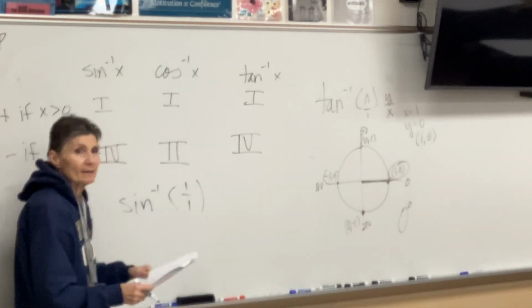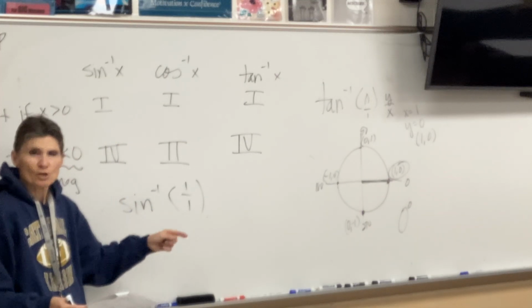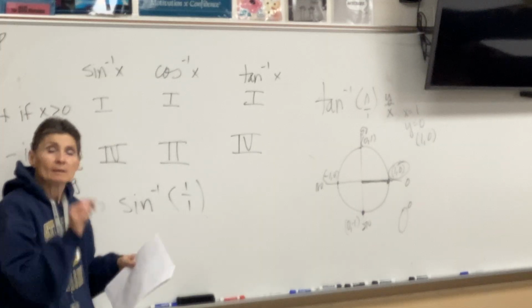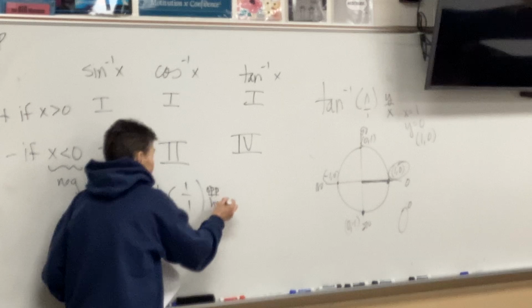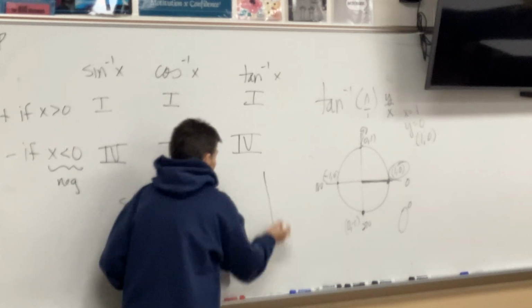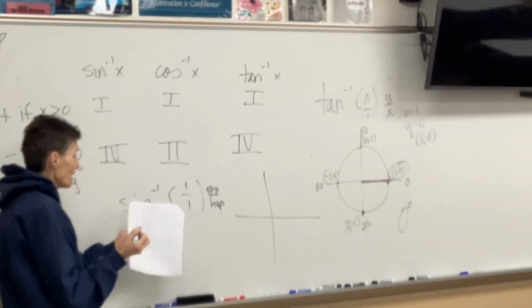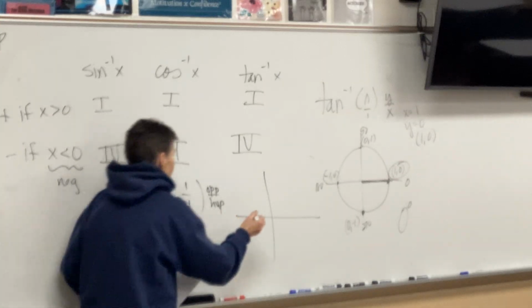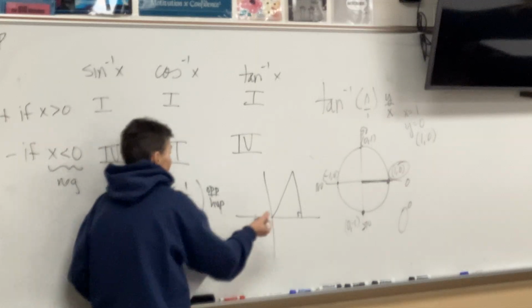I always write, if I just have a plain number, I always put it over 1, so that I have a fraction, in this case, opposite over hypotenuse. So I'm going to draw my picture. That's a positive number, so I should draw it in quadrant 1. But I think we're going to have a problem.